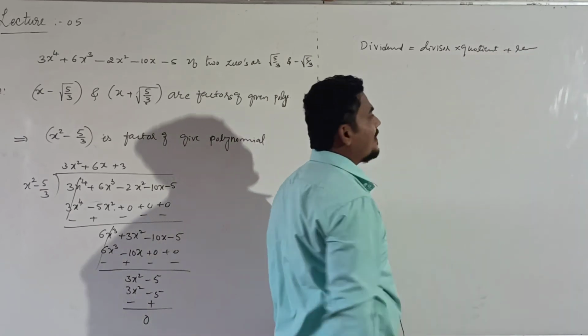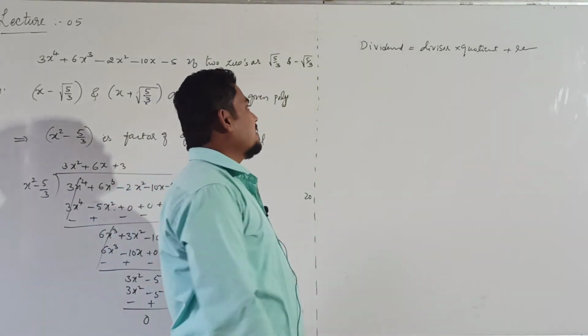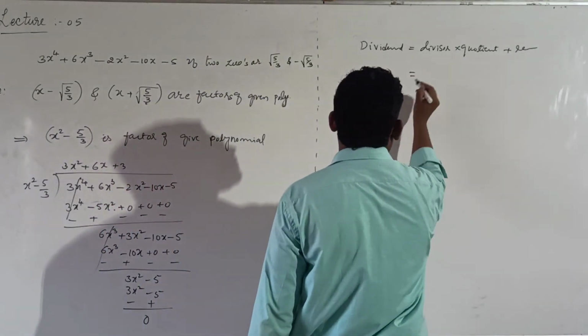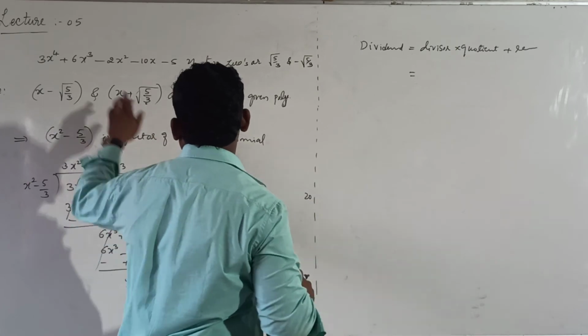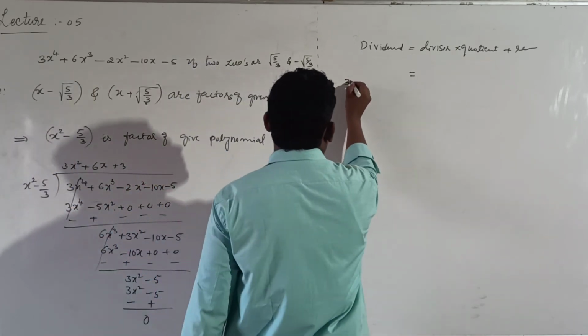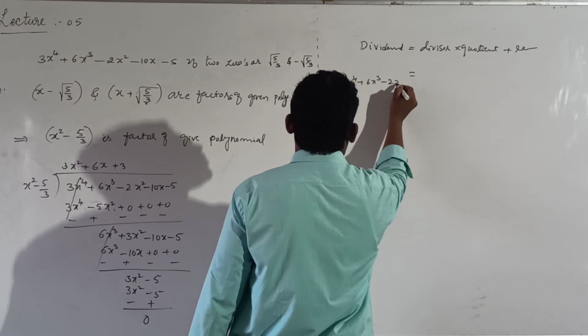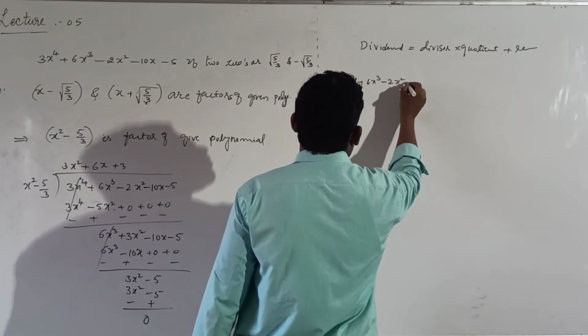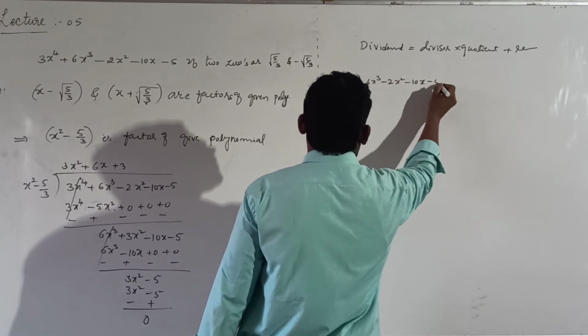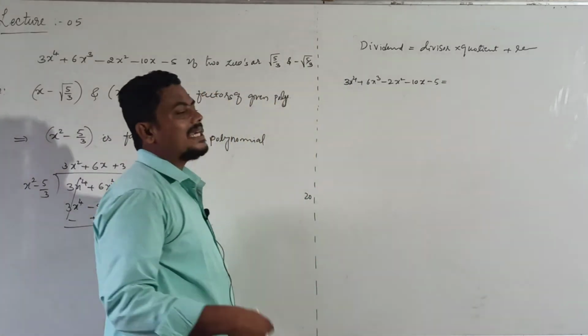In this case clearly remainder is 0 only. Means instead of dividend, what is our dividend? This is 3x power 4 plus 6x cube minus 2x square minus 10x minus 5.